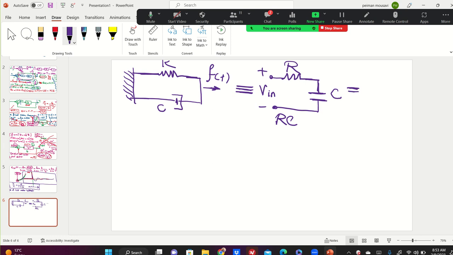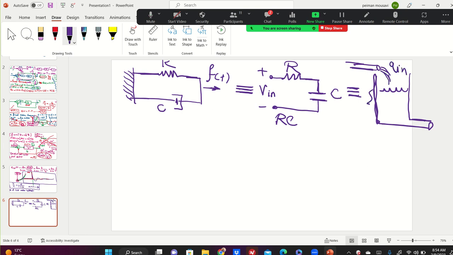And this is exactly equal to a tank of water with a flow Q in.